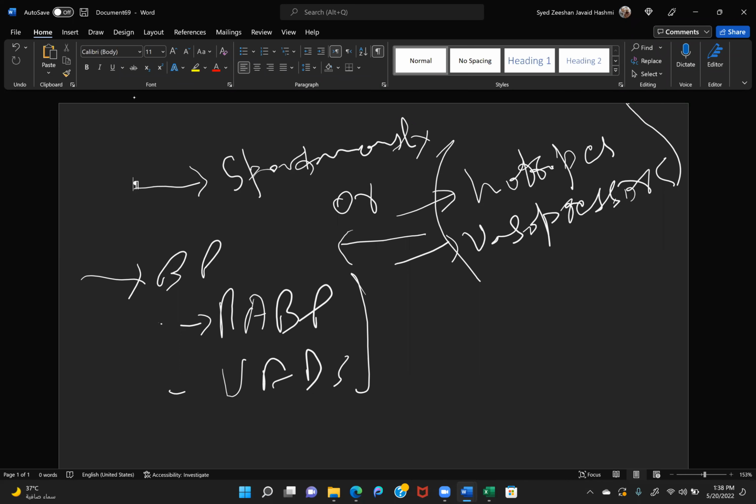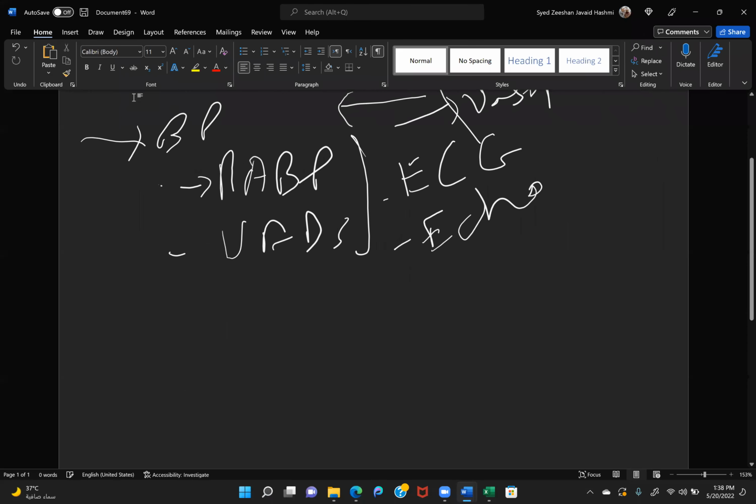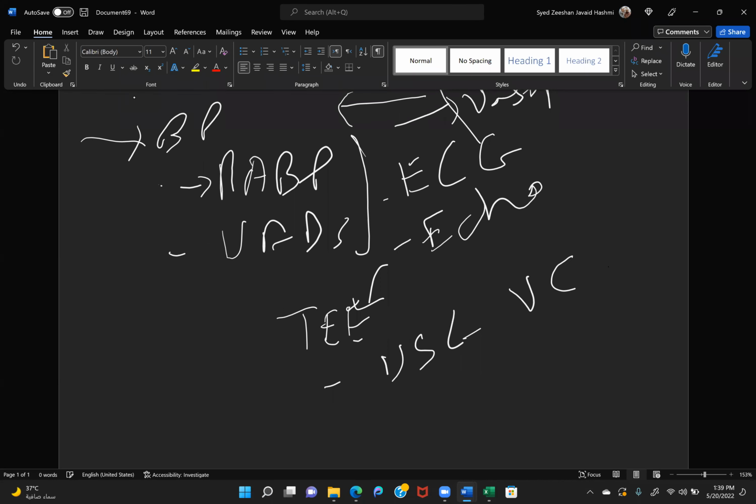okay. So then there will be something about ECG and echo, okay. In echo specifically, of course, transthoracic echo, but here will be the use of TEE, and ultrasound of vena cava will tell you about the volume status. We discussed in detail about shock.